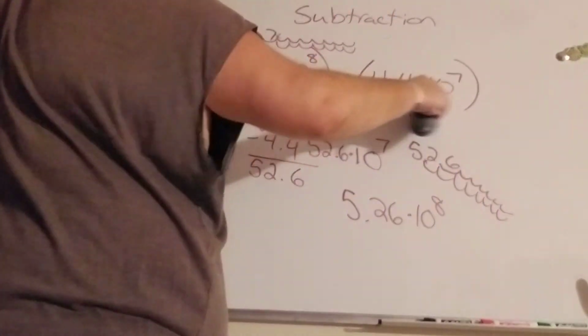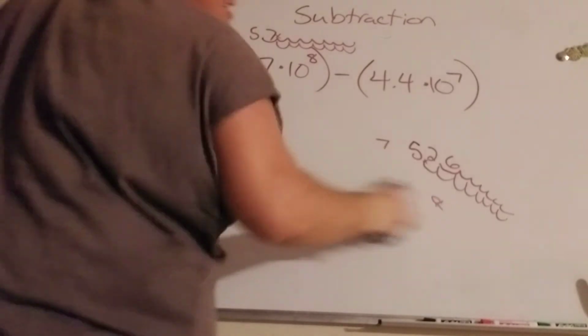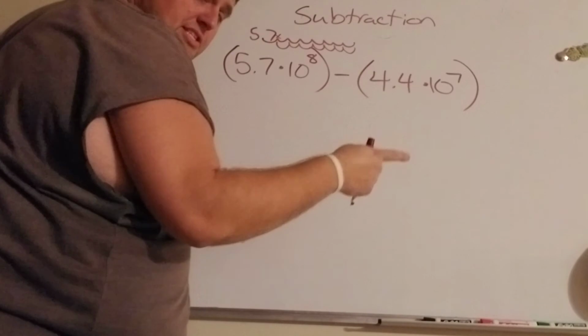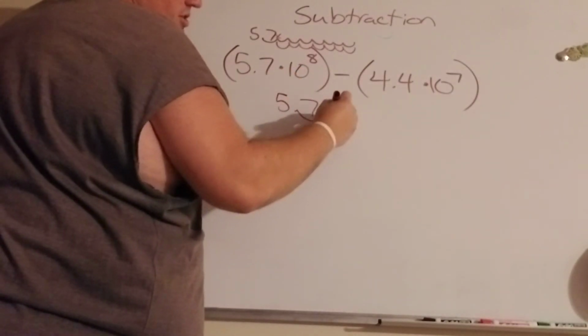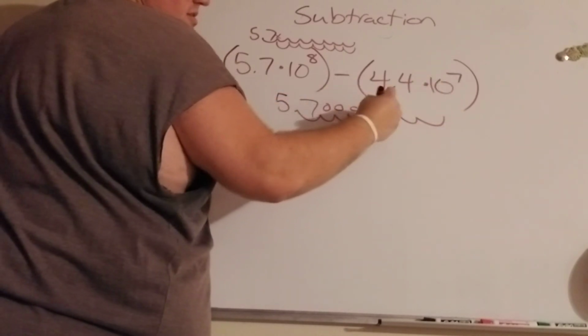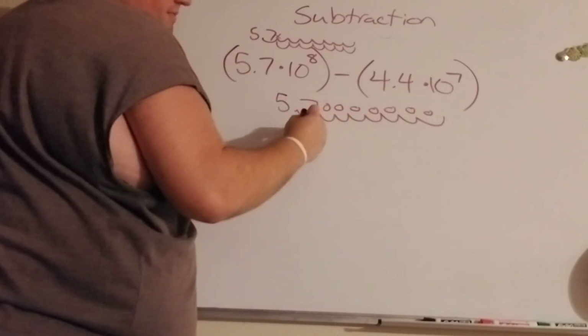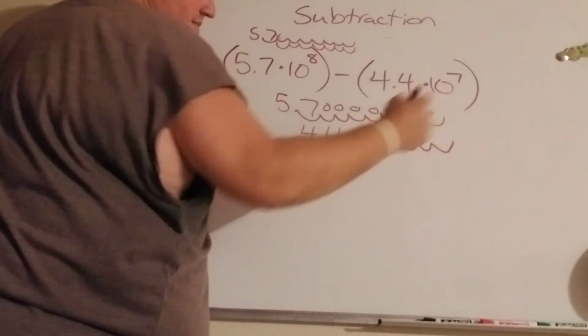And then again, if I wanted to do it the other way, real quick here, because I'm about to fall asleep. Put them both in the standard form. So 1, 2, 3, 4, 5, 6, 7, 8. Do it with the 4. 1, 2, 3, 4, 5, 6, 7.